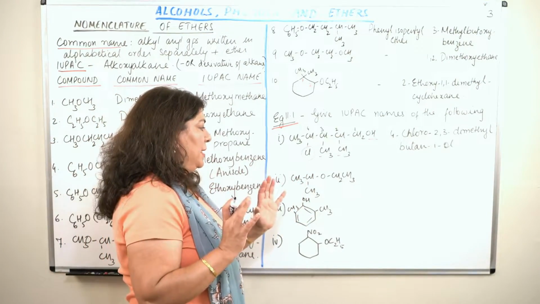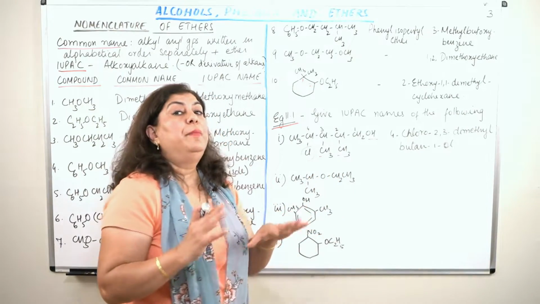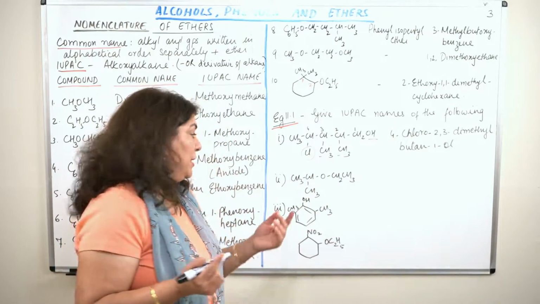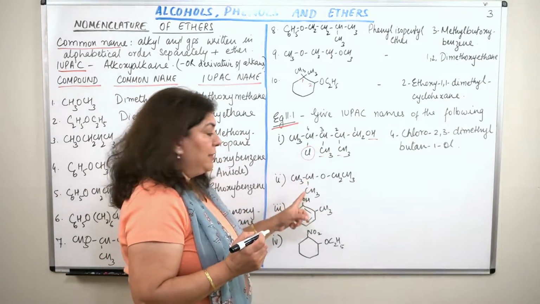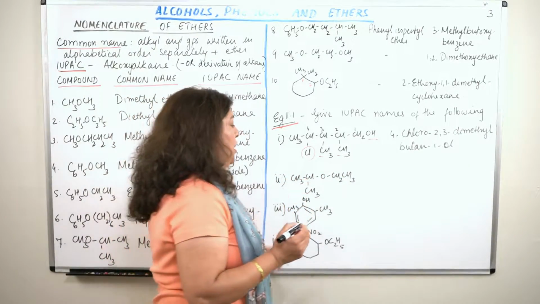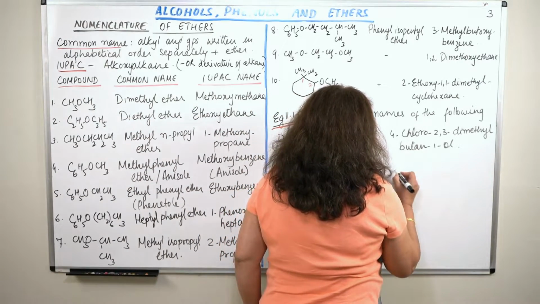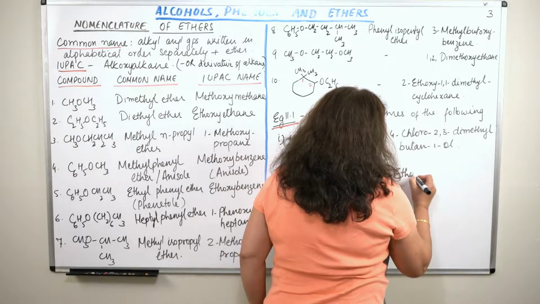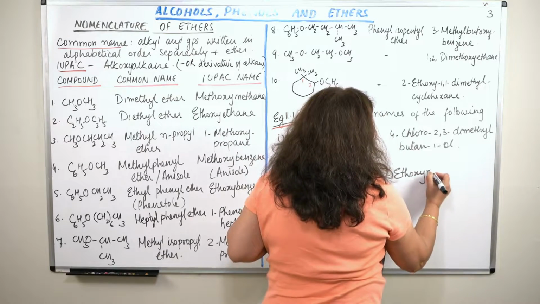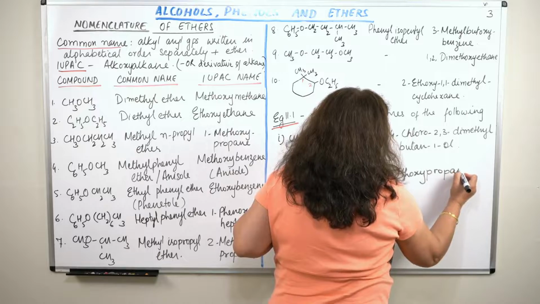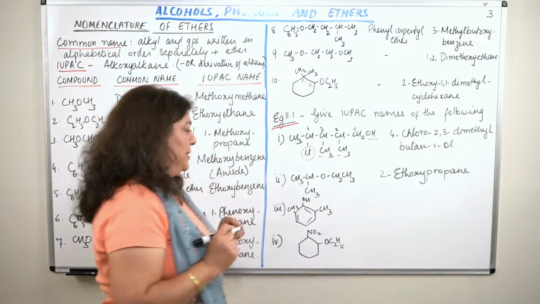Propane is my parent hydrocarbon and ethoxy becomes the substituent. So I write, and since the ethoxy group is attached to the second carbon atom, not the first carbon atom, so we write 2-ethoxypropane is the IUPAC name.